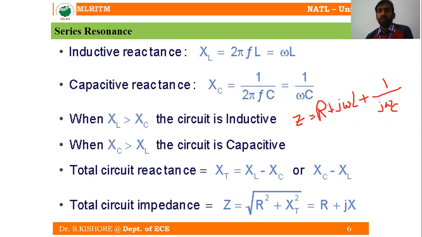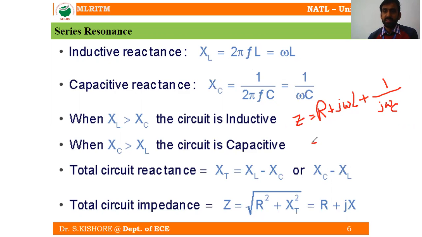Here R is your resistance, and omega L and 1 by omega C are the inductive reactance and the capacitive reactance. That is the reason why they are in terms of the complex j, right?